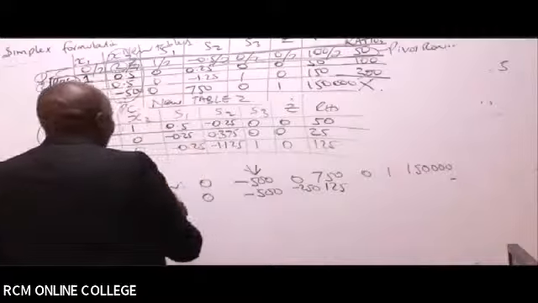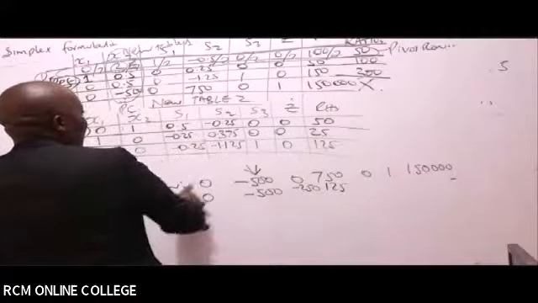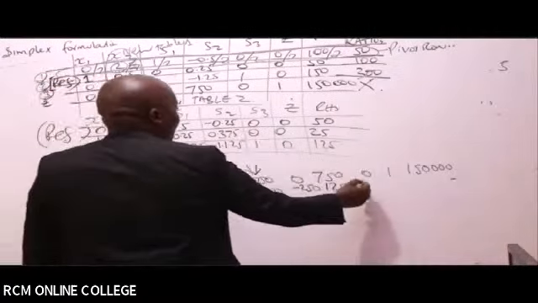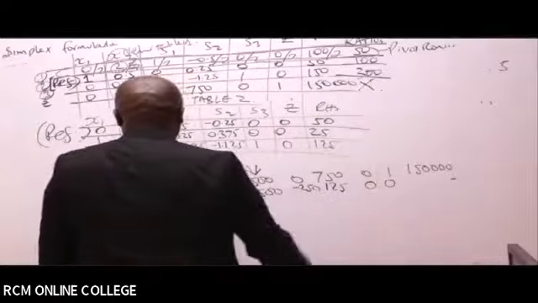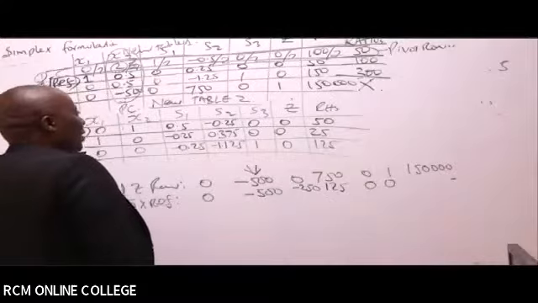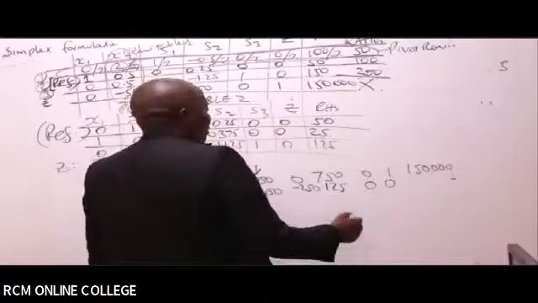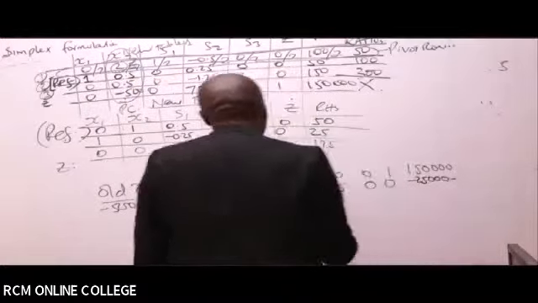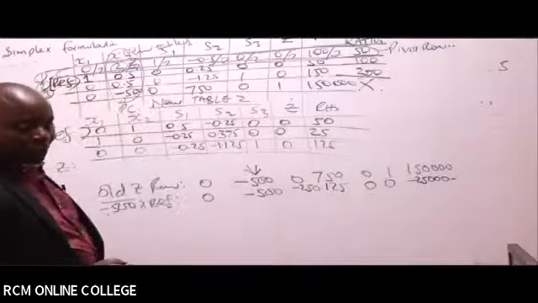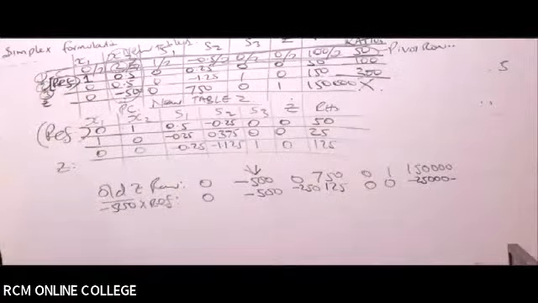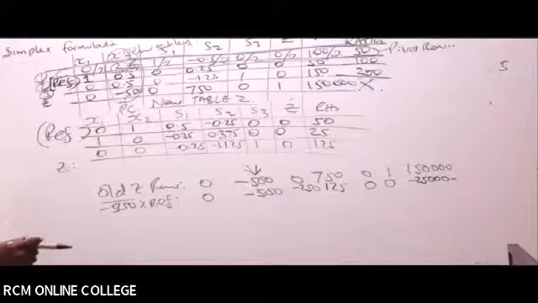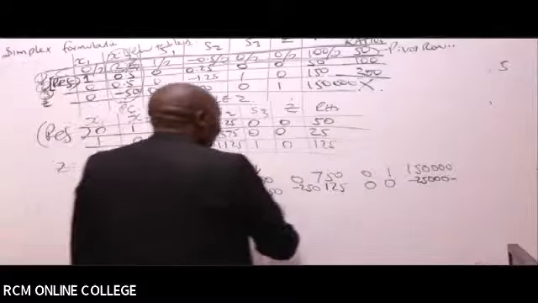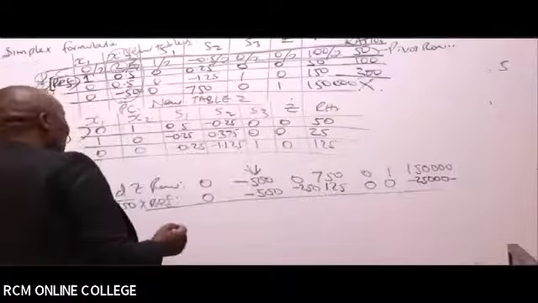Thank you so much. And then minus 500 times this. So this is 0, 0. And then we have this huge figure. Minus 500 times this 50. So that gives me minus 25,000. Is that okay? Thank you so much. So go ahead and do your row reductions.